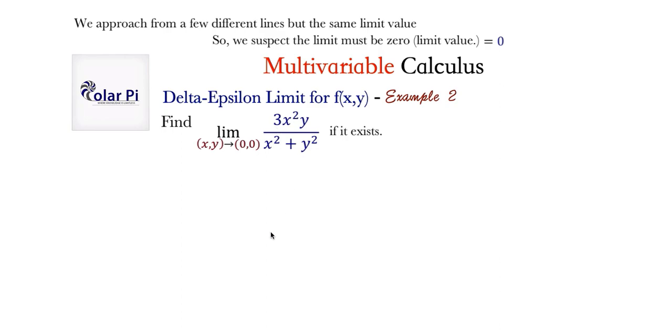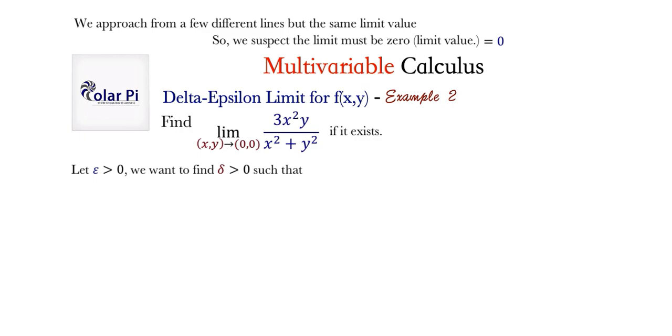But even if you checked it from 10 different lines, that's not sufficient. You need to check it from infinitely many directions, but that's not possible. So the way that you show that this limit is in fact equal to 0 is by doing a delta-epsilon limit proof. And so our first one here, in examples 3 through 5, you will have to similarly write delta-epsilon limit proofs because they all exist.